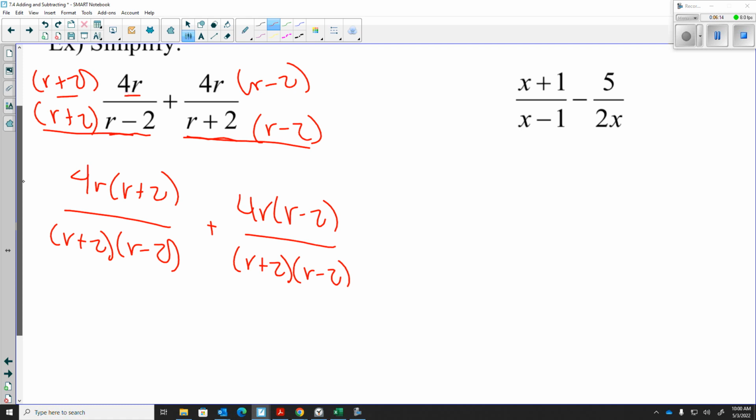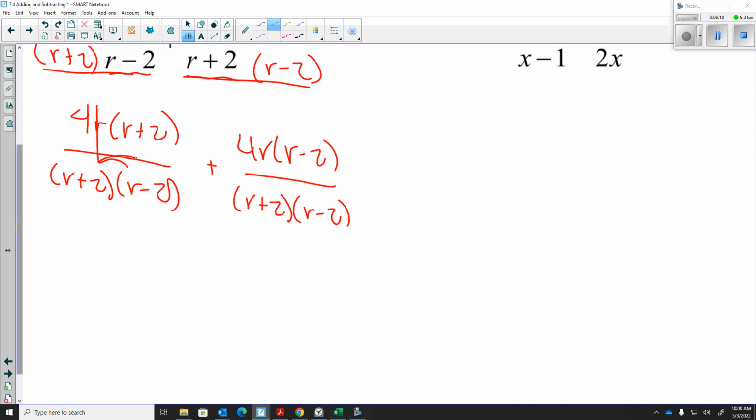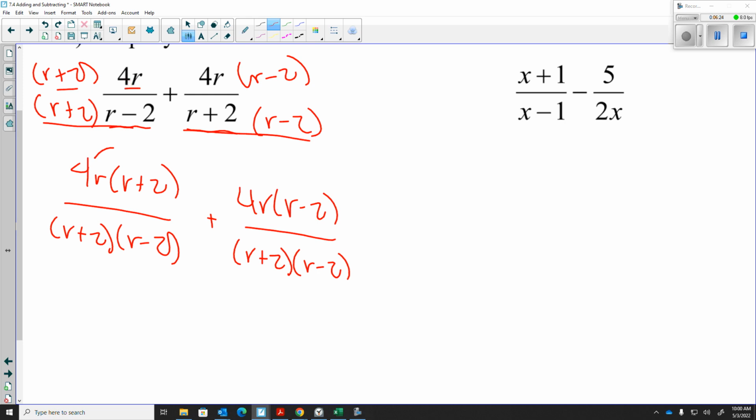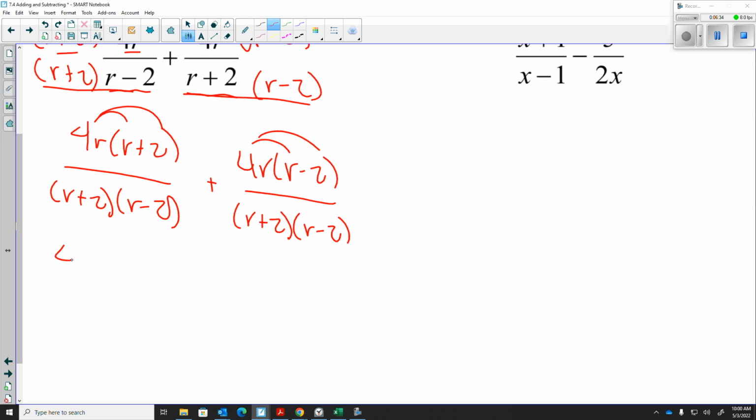Got it. All right, now I'm going to multiply the stuff that's on top, but not the stuff that's on the bottom because it matches and I don't care. I just want it to match. So it's going to be 4r squared plus 8r, because I want the denominators to be the same.